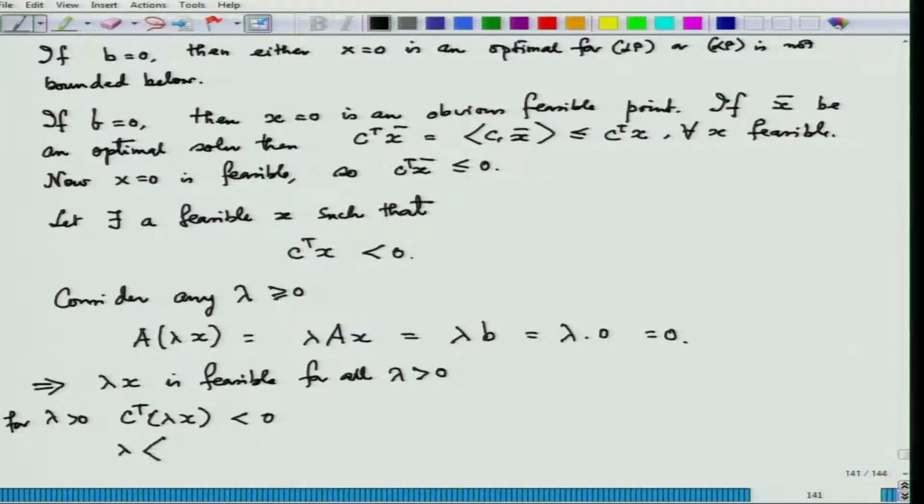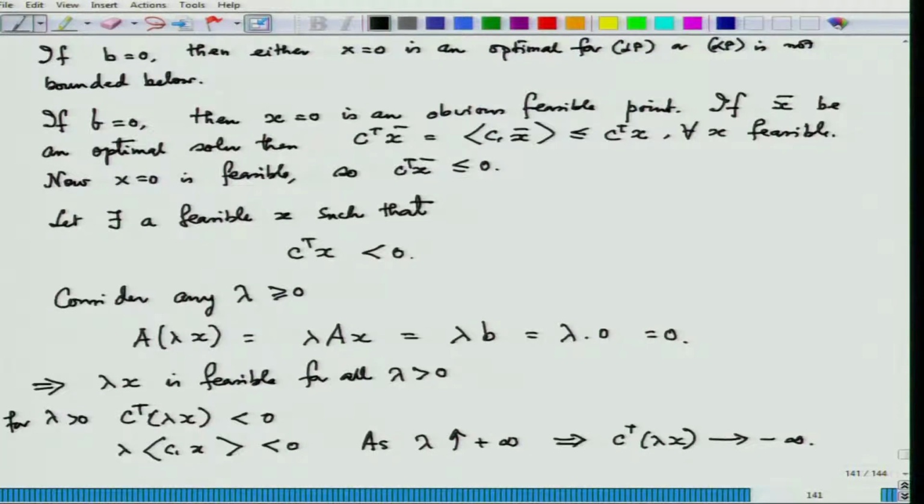Which means lambda times c transpose x is strictly less than 0. So, as lambda tends to plus infinity, because c transpose x is strictly less than 0, it goes to minus infinity. That is, c transpose lambda x is rushing to minus infinity, which proves that the problem is unbounded below if there is a feasible x with c transpose x less than 0.